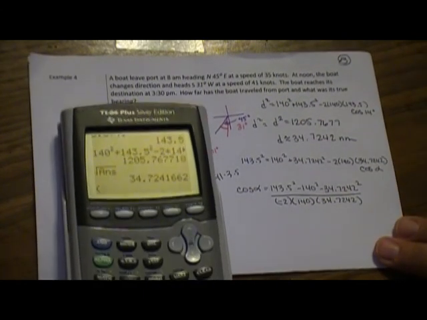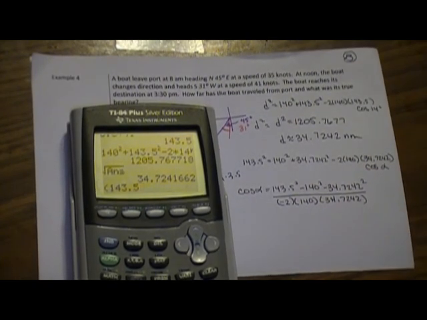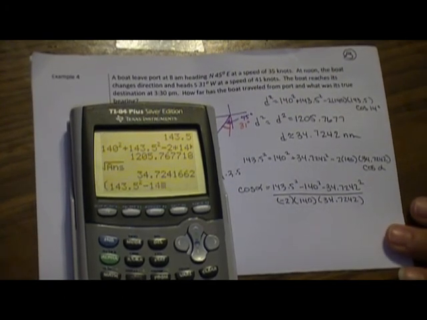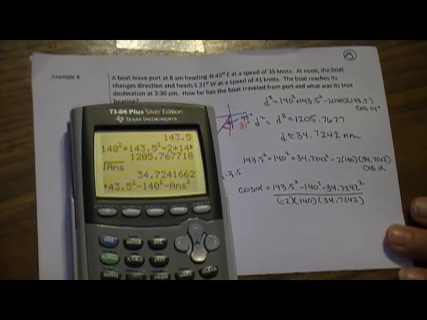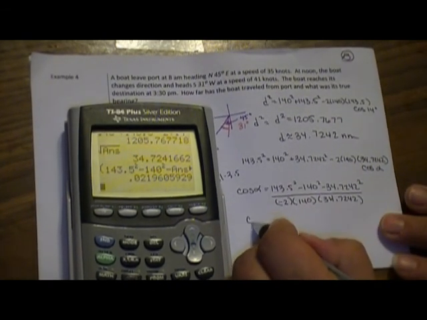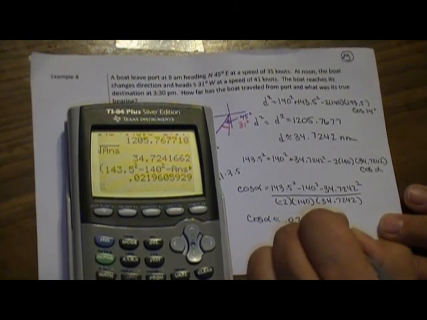Okay, using our calculator: parenthesis, 143.5 squared minus 140 squared minus my answer squared, close my parenthesis, divided by negative 2 times 140 times my answer, gives me 0.02, so the cosine of alpha is about 0.02196.